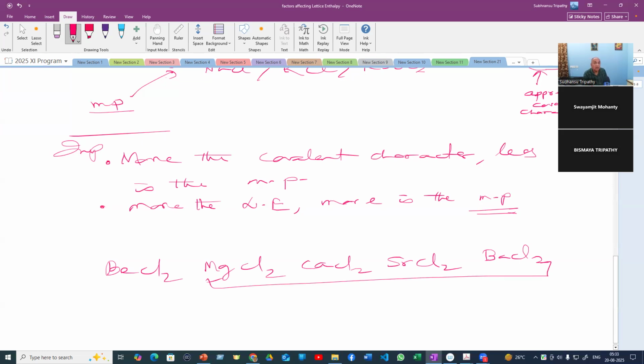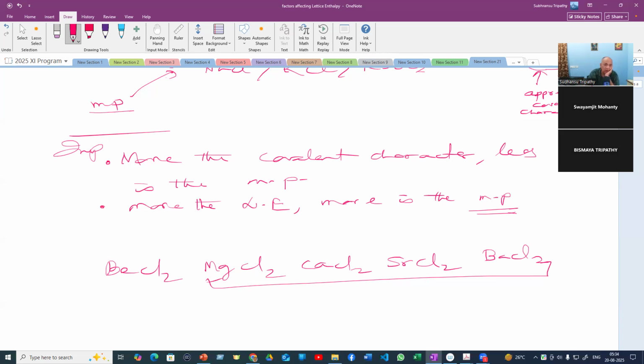Beryllium chloride is predominantly covalent. You shall see that. So you might think that the analogy for sodium chloride, potassium chloride, rubidium chloride, we will extend to here.